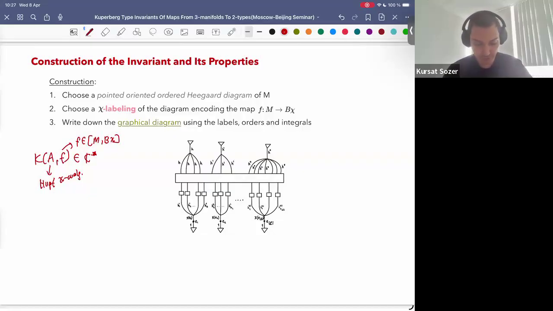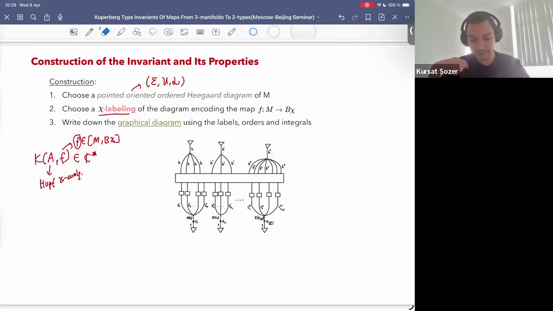How do we do it? We choose a pointed oriented Heegaard diagram as we did above. So this is precisely sigma with upper curves and lower curves. And we choose a chi-labeling encoding the homotopy class of this one. So F is just a homotopy class. We pick a representative of F. There's a choice involved. We choose a representative and then we look at its chi-labeling.